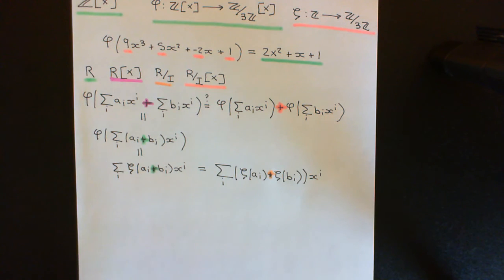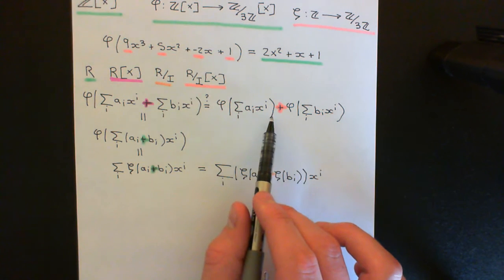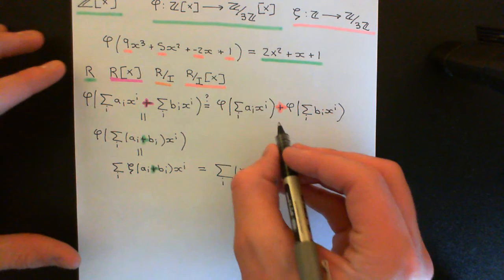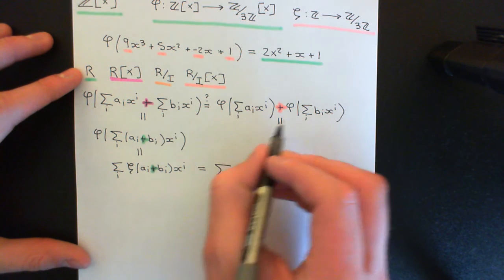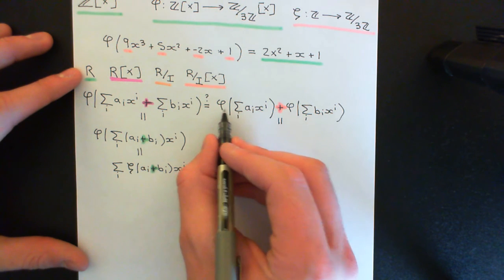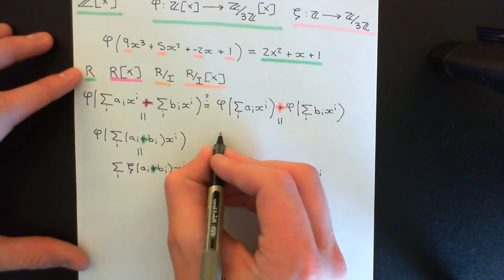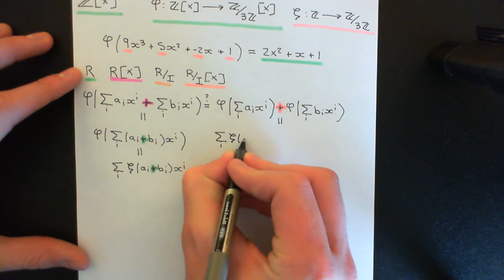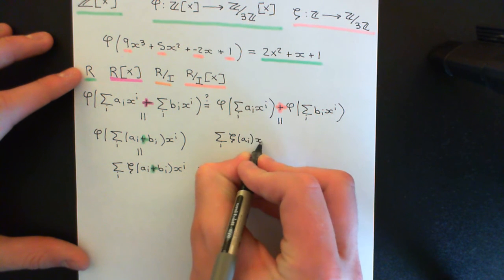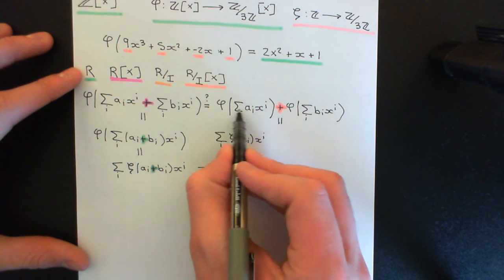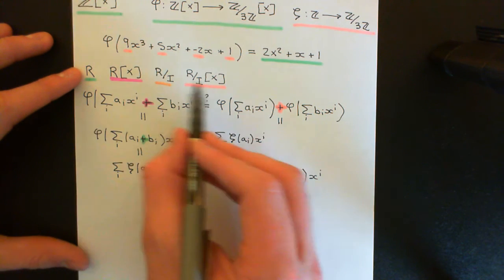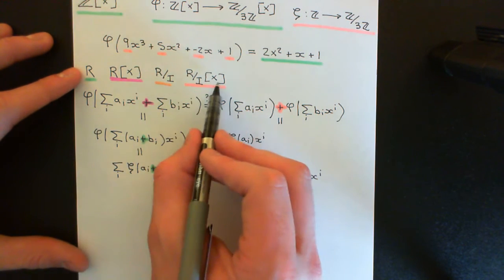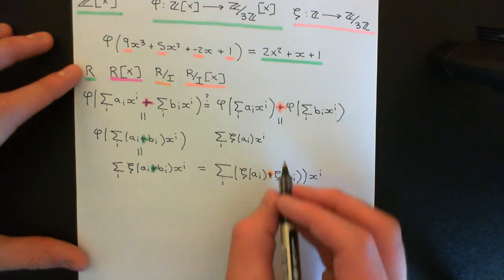Now let's develop this side a little bit and show that it's actually going to be equal to this. So phi of this polynomial here, just by definition, will be the sum over i of zeta a_i x^i, and note we have now taken this polynomial which was in R adjoin x, and now this thing here is in R quotiented out by I adjoin x.